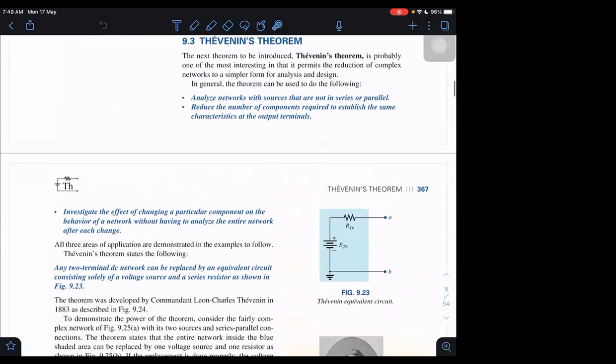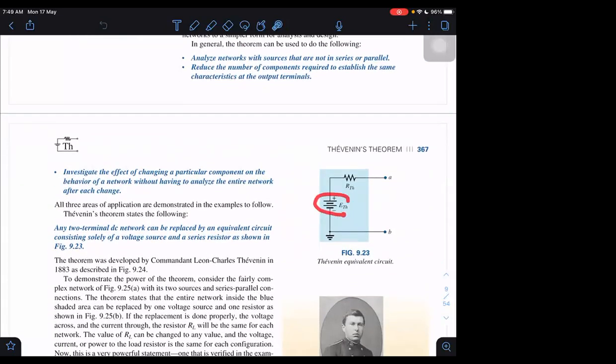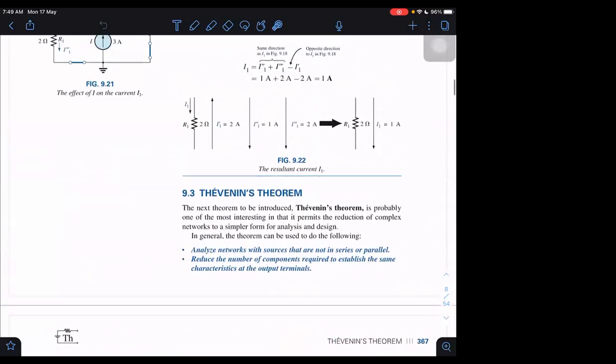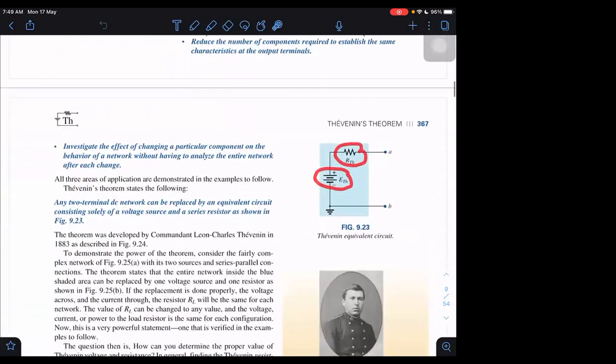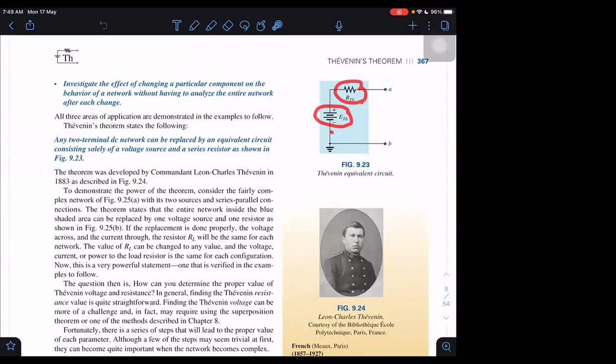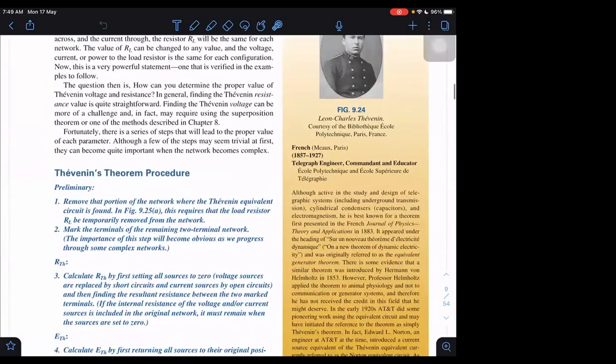Any network can be replaced by just a battery and one resistance in series. Even if we have a very complicated network, we can simplify it to one battery and one resistance. That is Thevenin's theorem.